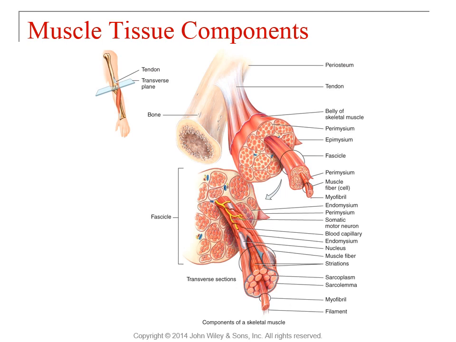You will see within the muscle fibers individual nuclei, as well as special structures such as the sarcoplasm, sarcolemma, and also the transverse tubules. And then within each myofibril will make up the individual filaments. So you'll have contractile proteins, you'll have regulatory proteins, and you'll also have structural proteins that help knit everything together.